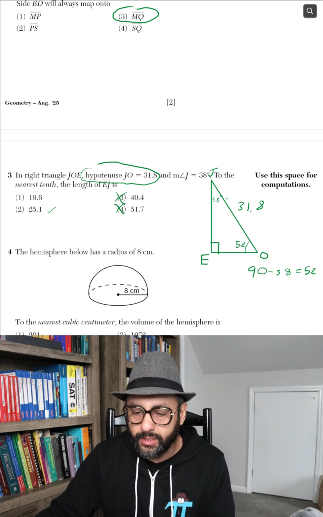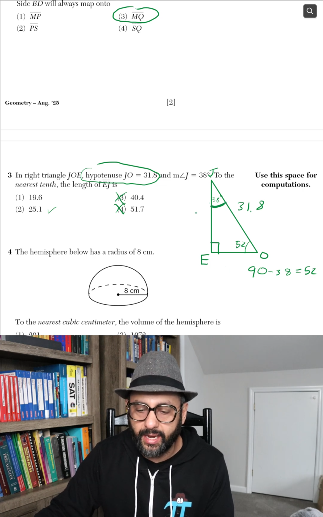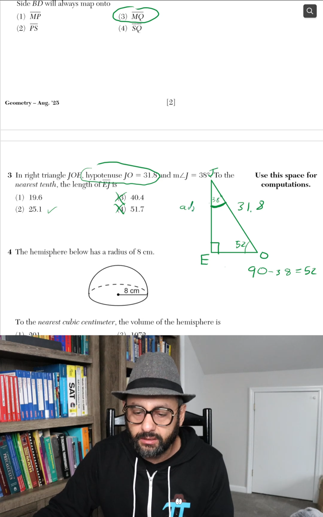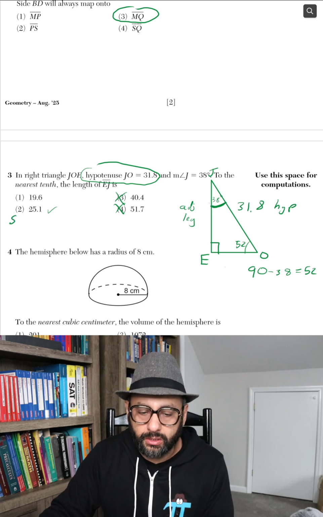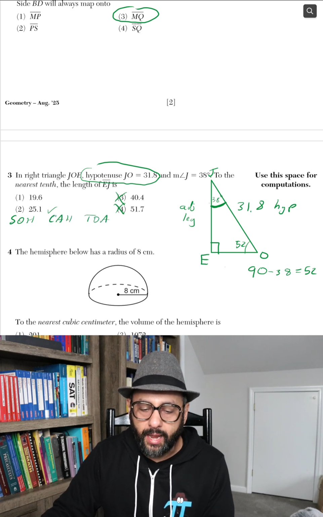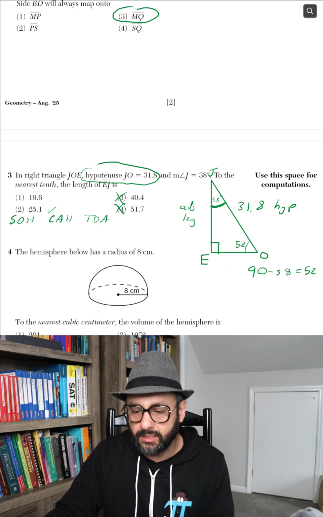So we notice, given the 38 degree angle, let's work with the 38 degree angle. This is the adjacent leg, and this is the hypotenuse. And we remember SOHCAHTOA. The one that has the adjacent leg and the hypotenuse is this one.